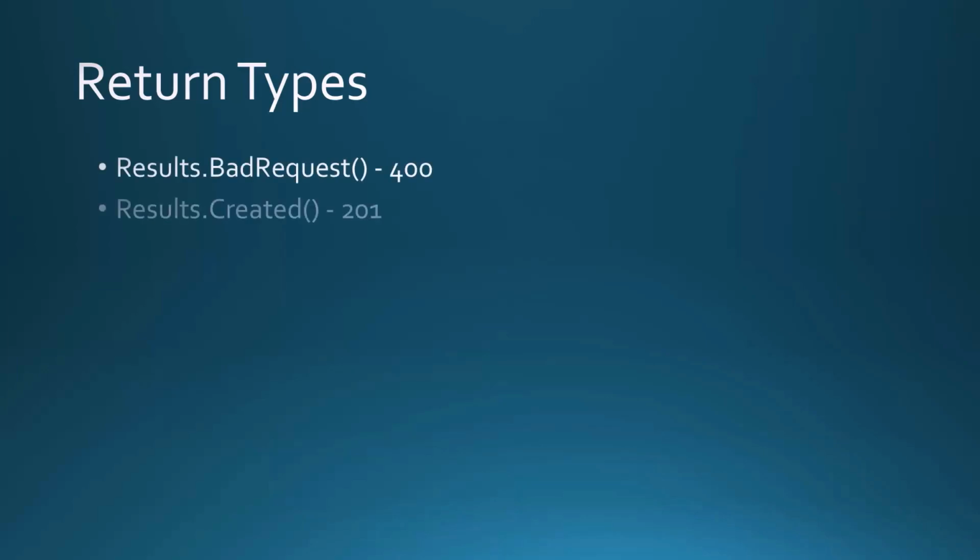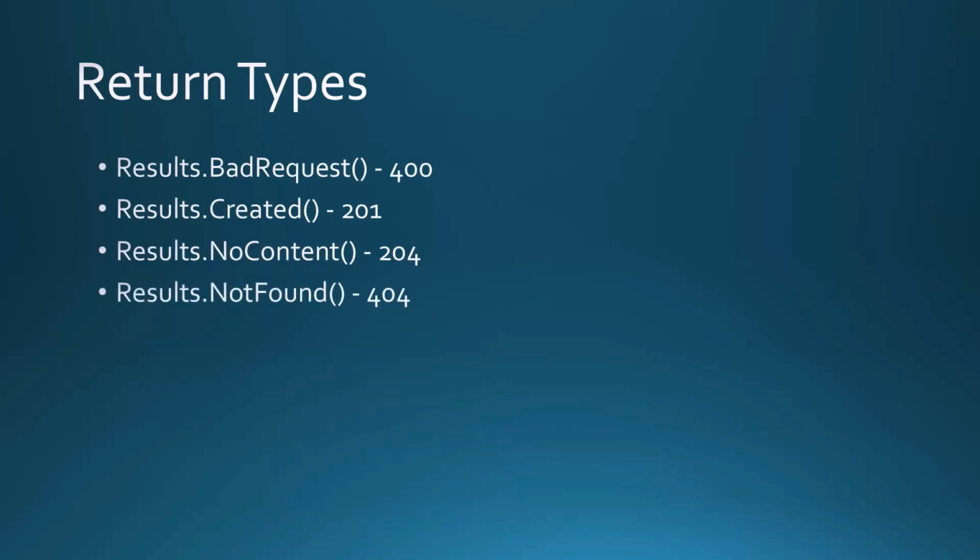So we had this return type, which was a Results.Ok, but there's a lot of these return types that we can use. There's BadRequest, there's Created, there's NoContent, there's NotFound, there's Results.Ok, there's Results.Problem. And all of these relate to those HTTP status codes that I told you were the most common ones.